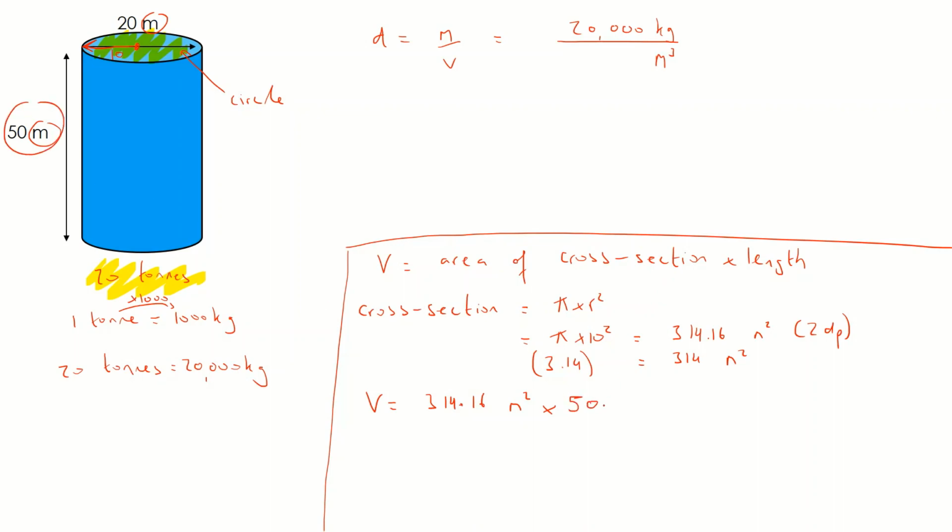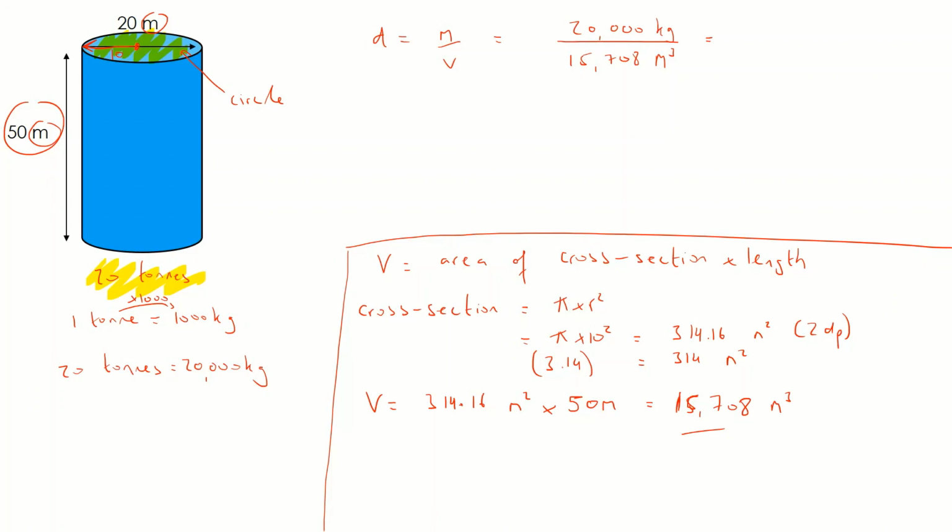So times 50 meters. And so 314.16 times 50 is a rather large number. 15,708 meters cubed. So that's the volume. Done. So now I can put that in here, can't I? 15,708.